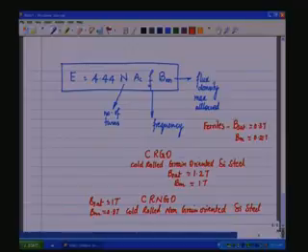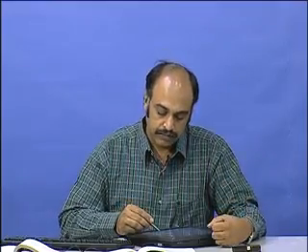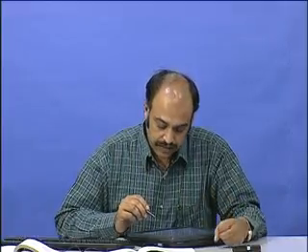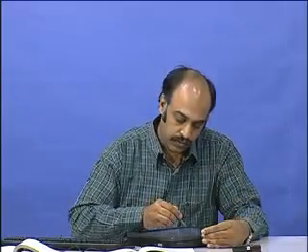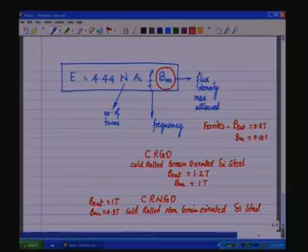So, for different materials, there are different B sat values, which are an inherent property of the magnetic material. The operating flux density swing should be less than the B sat value. That is the value that has to be used in the design equation.